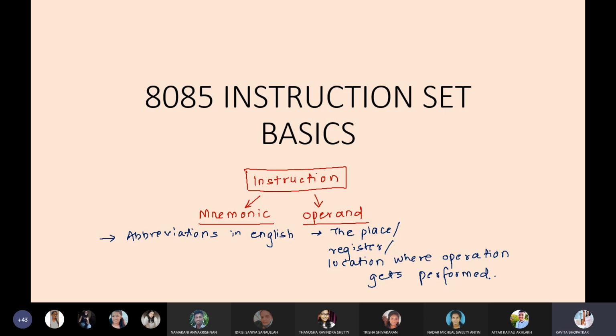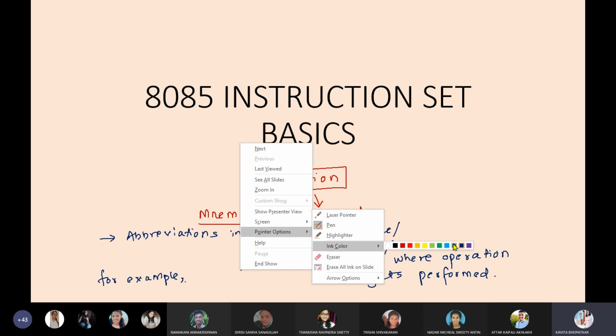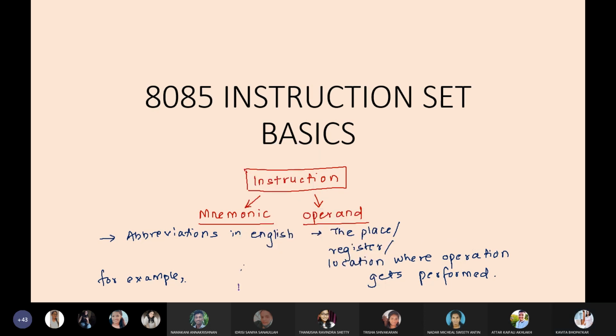Let's say, for example, I write an instruction as MOV A, B. In this case, MOV becomes the mnemonic and A, B becomes the operand.